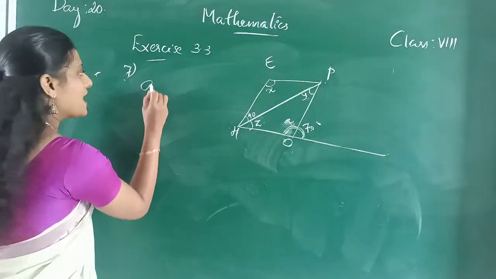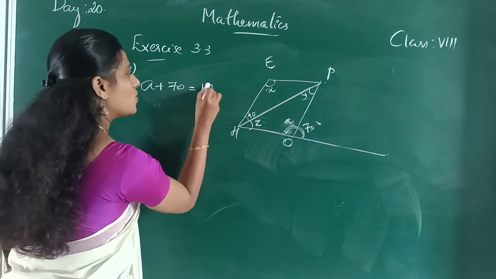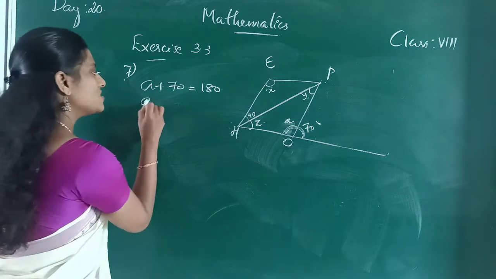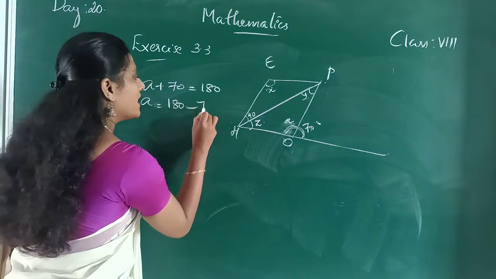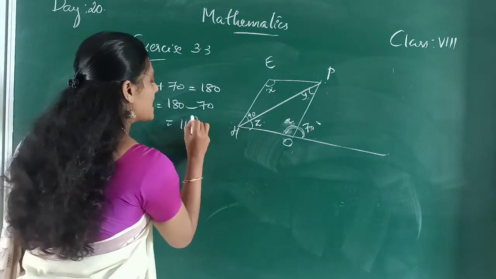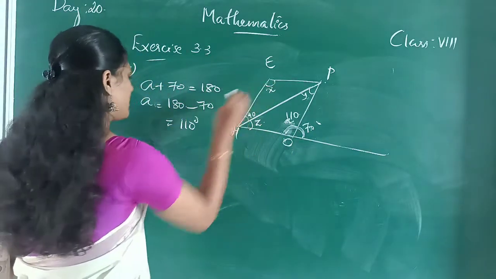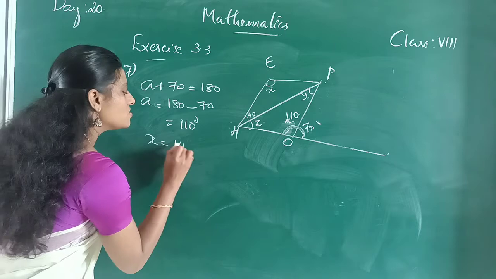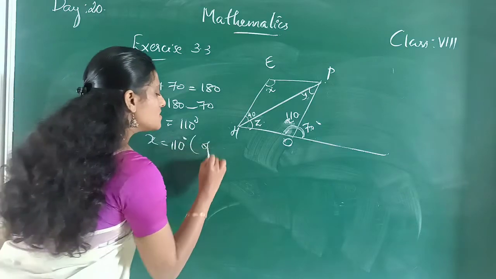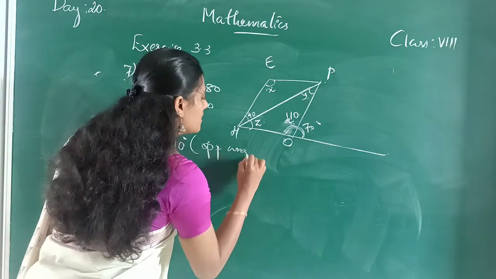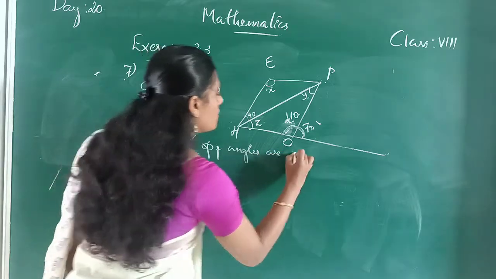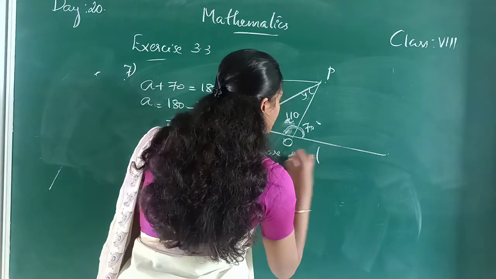That means A plus 70 is equal to 180 degree. So A is equal to 180 minus 70. What is the answer? 110. If A is 110 degree, what is X? X is also 110 degree because they are opposite angles, or opposite angles are equal.